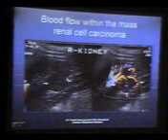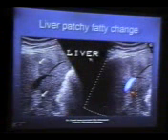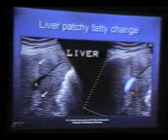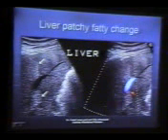A well localized mass in the lower pole of the kidney has vascularity inside as well. Patchy fatty liver changes have geographical type of margins, but the vascular contour is preserved. Outer contour is preserved.